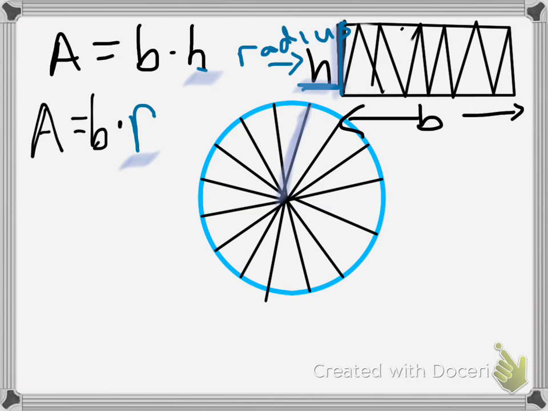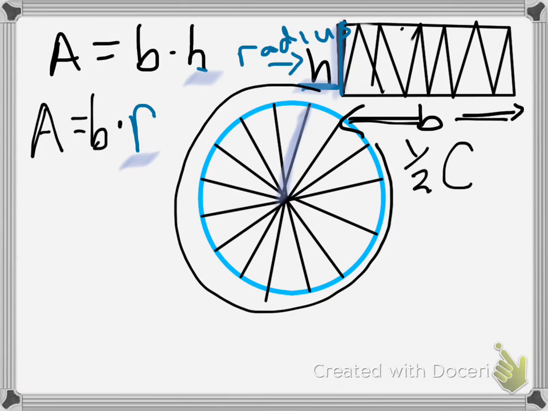Now I know that the length of this base here is about half the circumference. If I were to go around my circle, this base is about half my circumference. Because if you notice, every other piece of this circle is being measured.